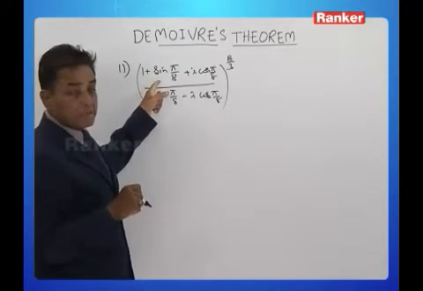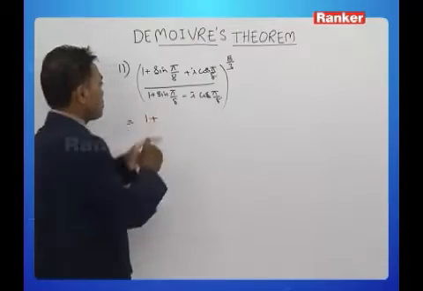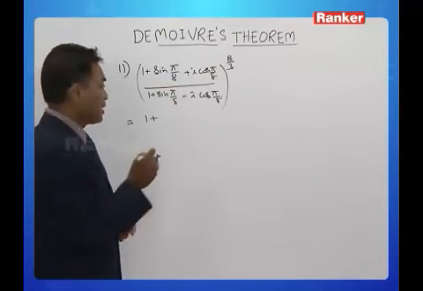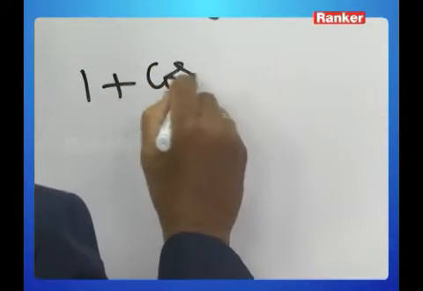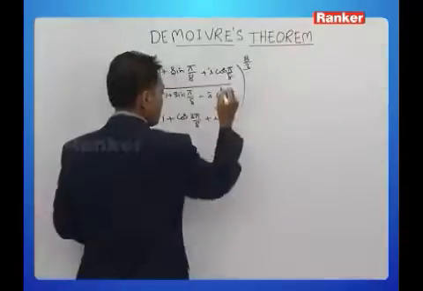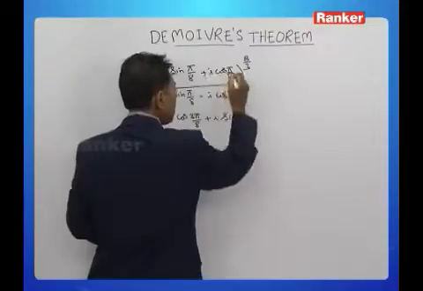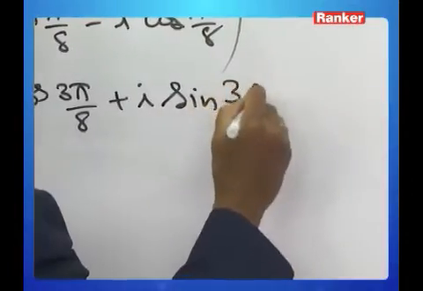Suppose I want to convert sin into cos, 90 minus theta. So, pi by 2 minus pi by 8, 3 pi by 8. So, I can write cos 3 pi by 8. Same method here also. I want to convert cos into sin, alternate, that is sin of 90 minus pi by 8, 3 pi by 8.